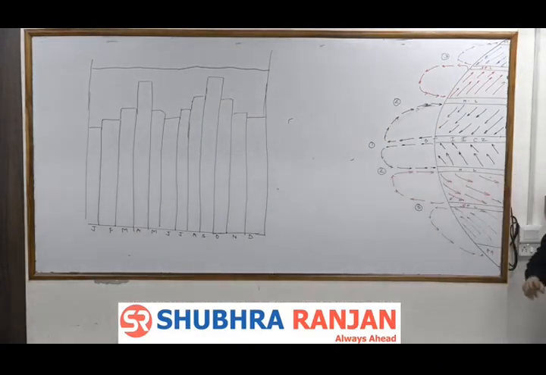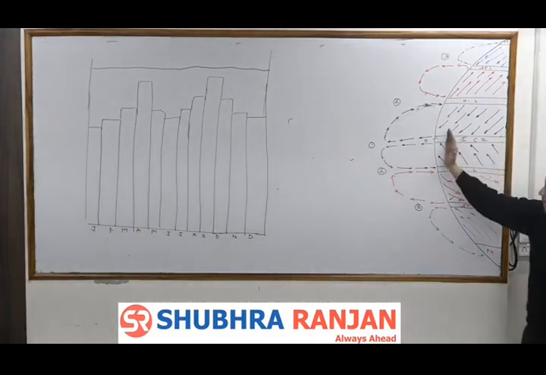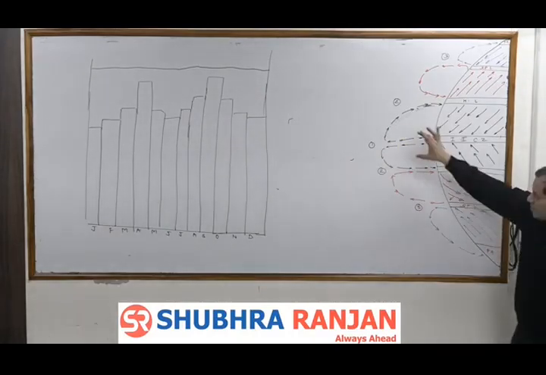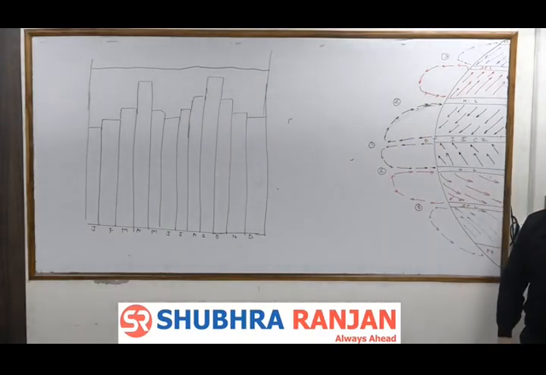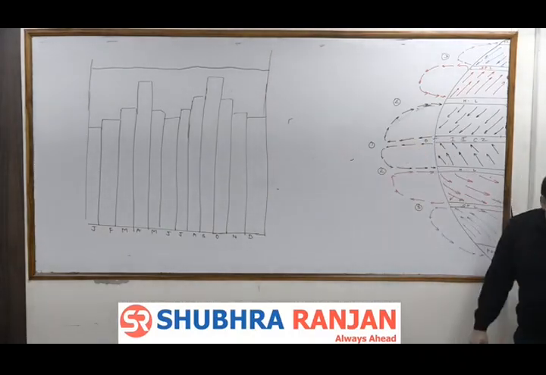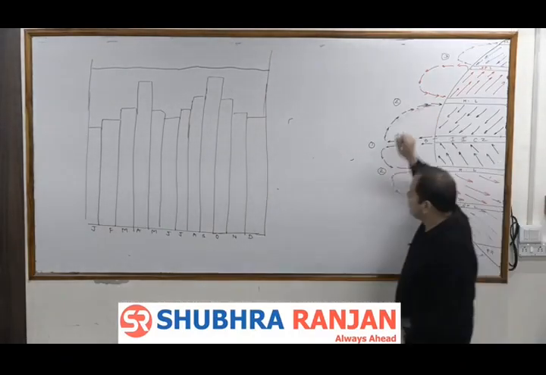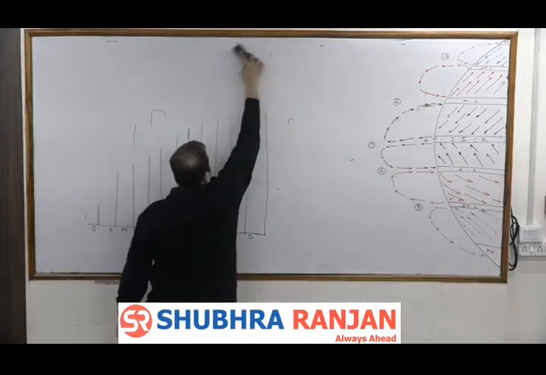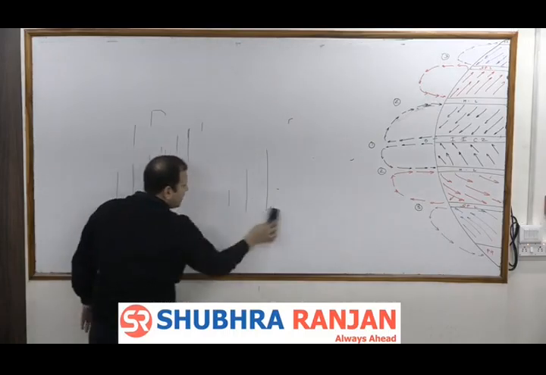In the one region is there in the upper atmosphere, ऊपर, ground के ऊपर. आप यहाँ पे हो, ground के ऊपर. In the upper atmosphere, is there any difference between the winds, or both of them are same winds? In the upper atmosphere, both of them are same winds. उसके ऊपर, in the region 2, is there a difference in the winds? Yes, there is a difference in the air.